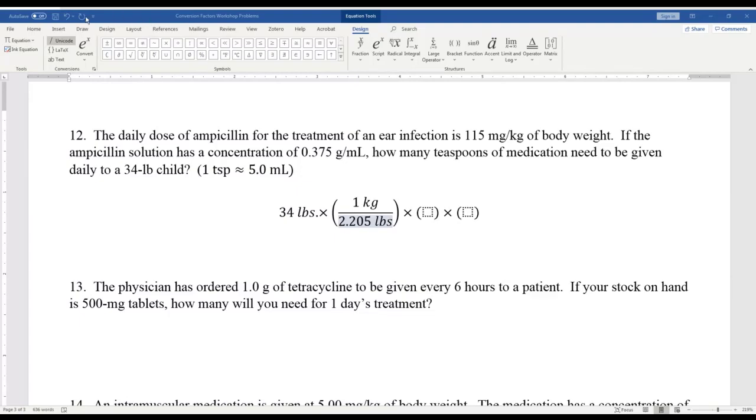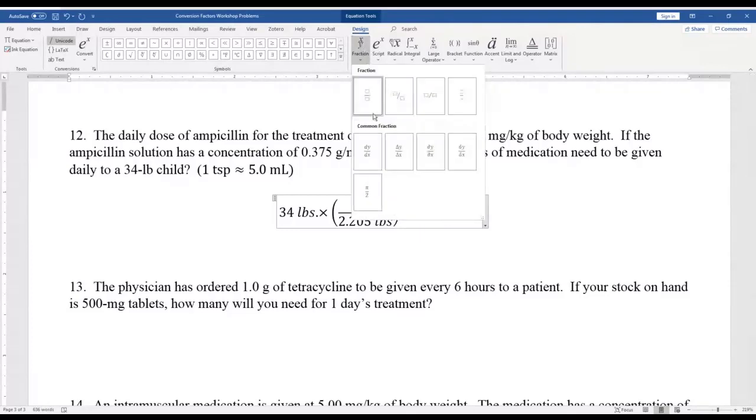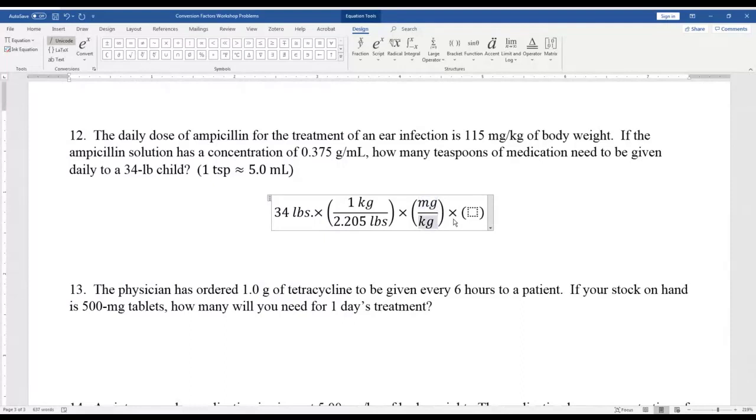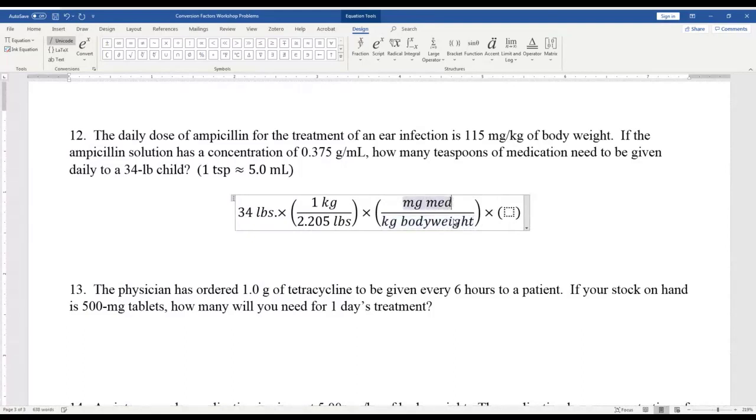So what goes on the bottom of the next conversion factor then? Kilograms, and what goes on top? Yep, milligrams. Well, this is where it gets really tricky, because you might be like, don't I have to go to the base unit first? But no, because these are actually weights of two very different things. This is body weight kilograms, and this is milligrams of medicine.